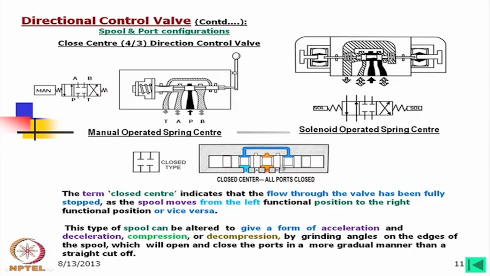What I have already mentioned, that spool edges are very important. In the case of a servo valve, normally you will find these edges are very sharp, whereas in the case of a direction control valve, a chamfer is given. Sometimes the corner is made round, by changing the spool configuration as well as slightly the edge of the ports also, but it is very difficult to grind these edges properly, because this is inside the valve body, this bore.